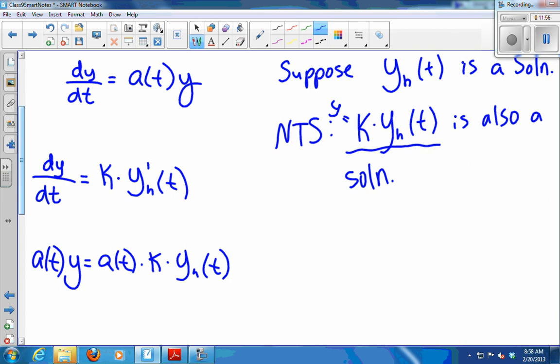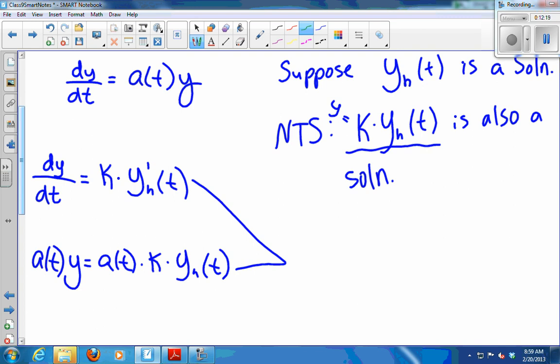So for these two things to be equal, what has to be true? Yes, y sub h prime right here.